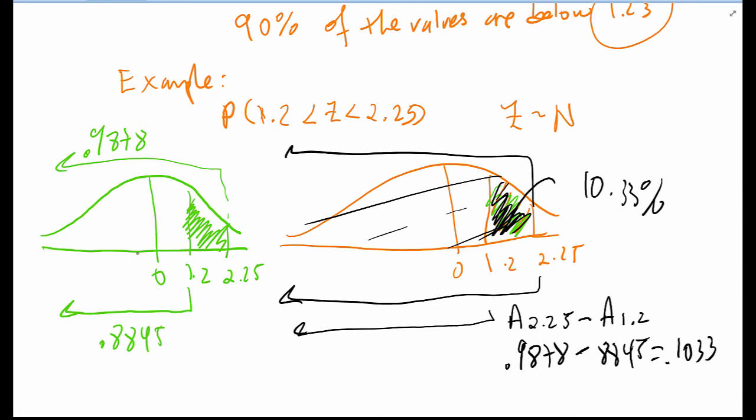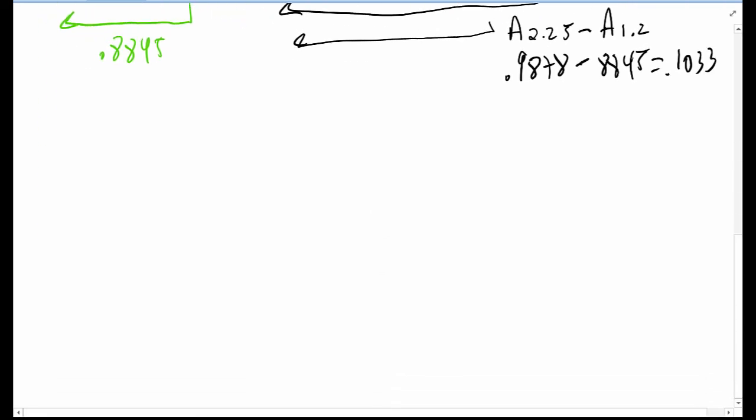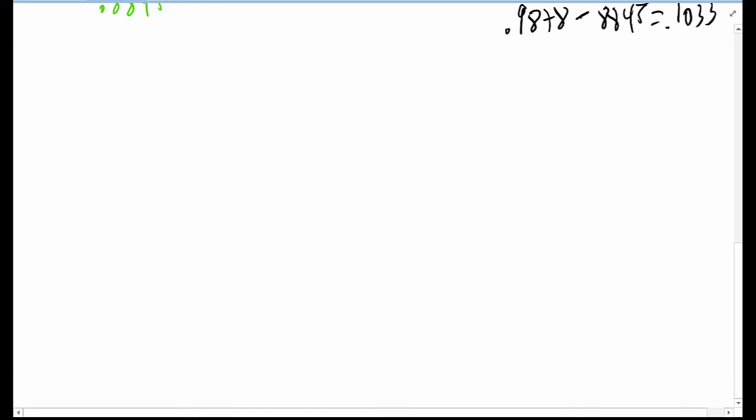So let's do another example. The thing about this video is that you can rewind it. Let's find the percentage of values that are between negative 0.8 and 2.15.